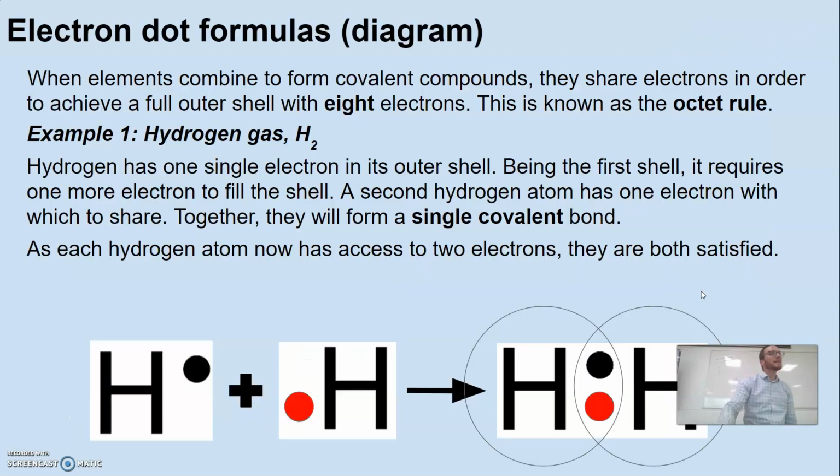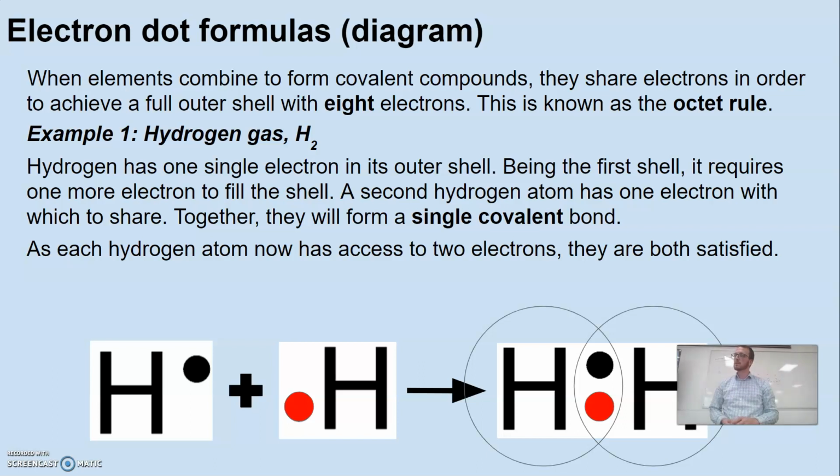Okay, so let's look at the simplest of examples, hydrogen gas. Each hydrogen atom has one electron. Each hydrogen atom wants to have 2 electrons. So they're both going to share one electron and form a single covalent bond. One bond, 2 electrons. Yeah? Every covalent bond will contain 2 electrons.